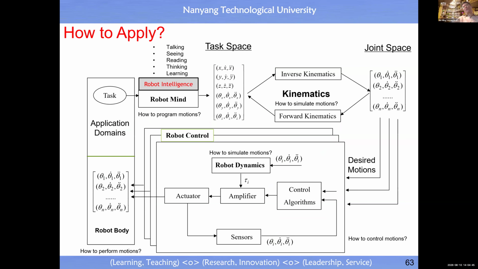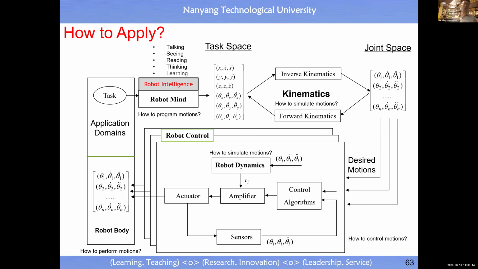And how to apply the learned knowledge? Follow this blueprint, which will guide you to design a complete robot system. From this blueprint, you will see the inner control loop, the control of the motion, and the outer AI loop. In the outer loop, you have robot intelligence, robot motion, kinematics, dynamics, etc. So to summarize this slide: you have an inner control loop and an outer AI loop.